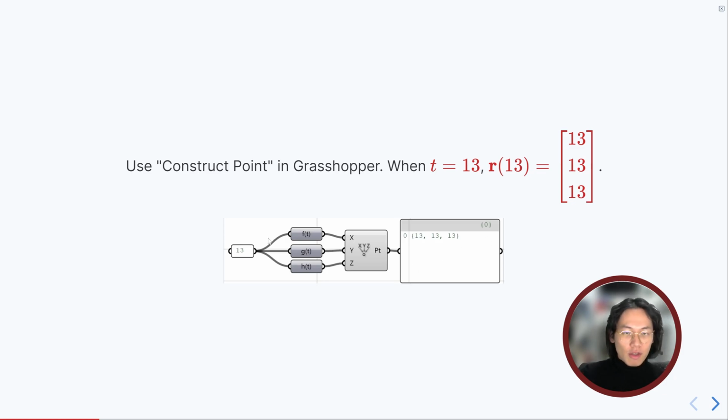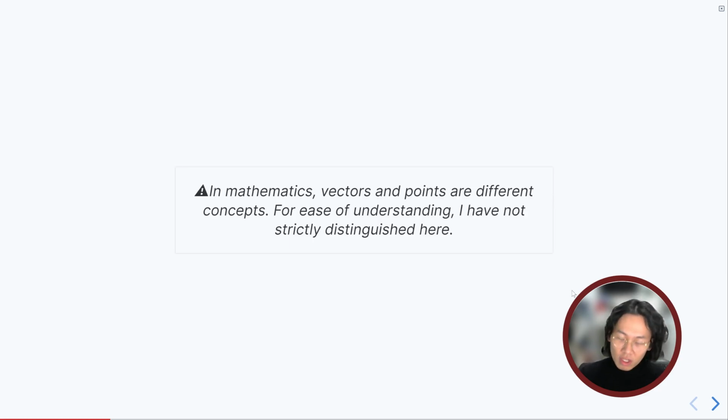The input is 13, and for x, y, z, just plug it in, it is three numbers, 13. So this is the function. It gives me back a list of three numbers, 13, 13, and 13. That's it. Just one side note, vectors and points are different concepts in mathematics, but to better understand and to easily explain, I don't have a strict definition here.